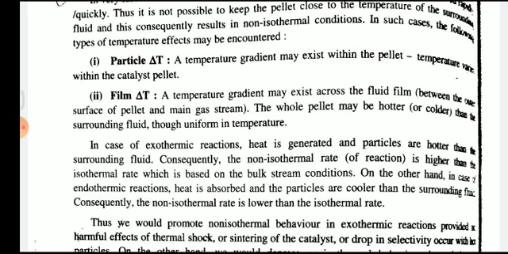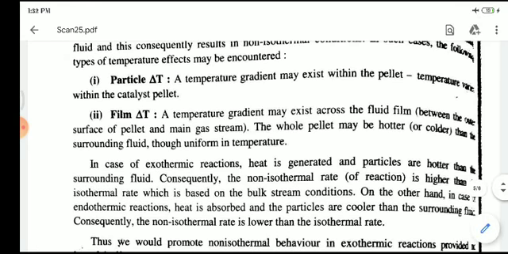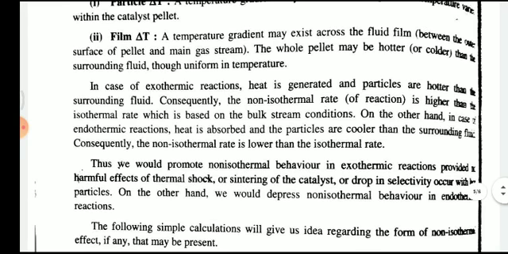On the other hand, in an endothermic reaction, heat is absorbed and the particles are cooler than the surrounding fluid. Consequently, the non-isothermal rate is lower than the isothermal rate.